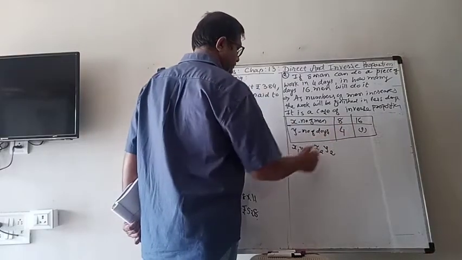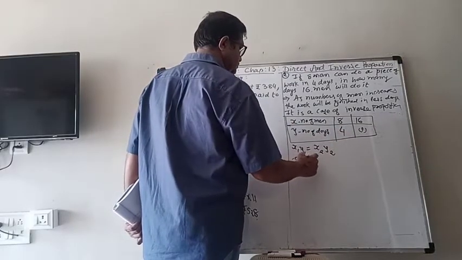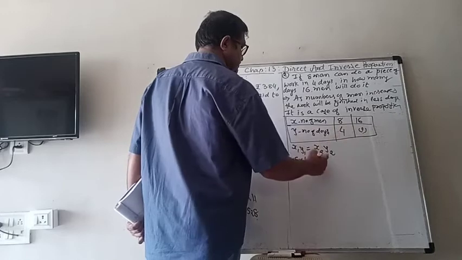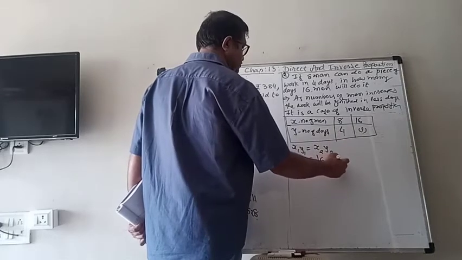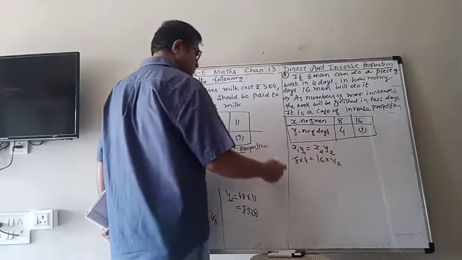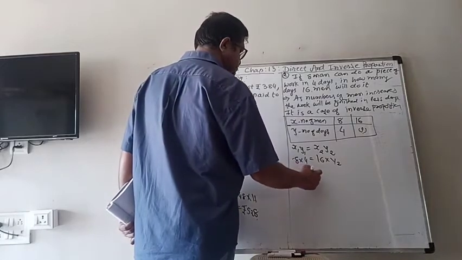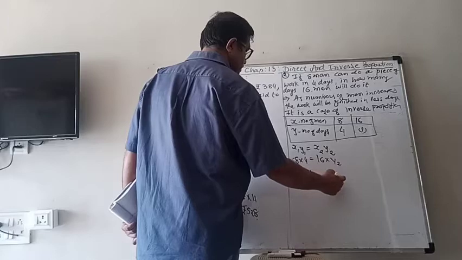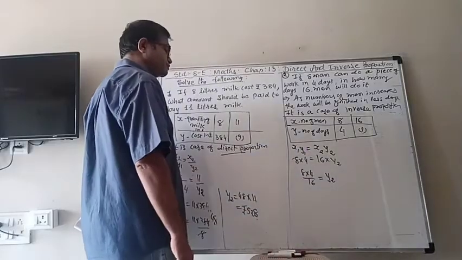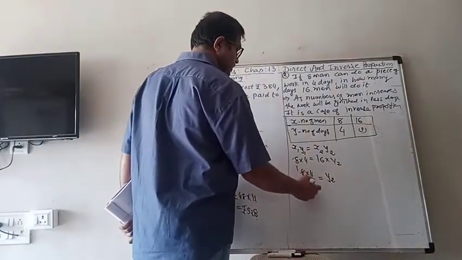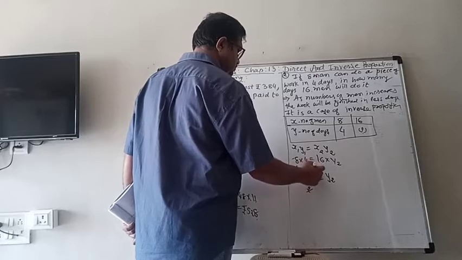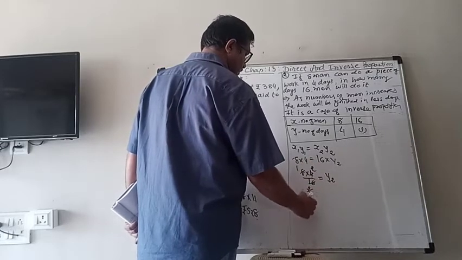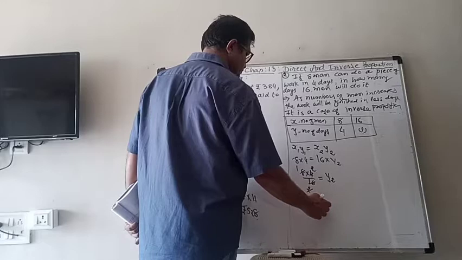So 8 multiplied by 4 is equal to 16 multiplied by y2. 16 will come this side, so 8 multiplied by 4 upon 16 is equal to y2. 8 2s are 16, so y2 is equal to 2.